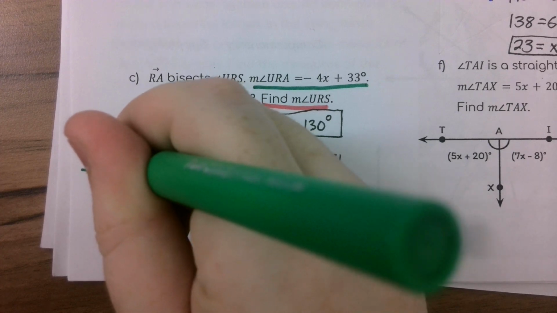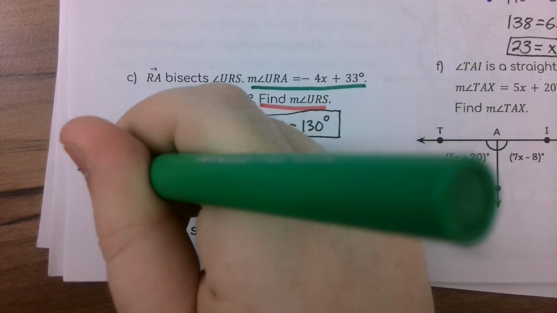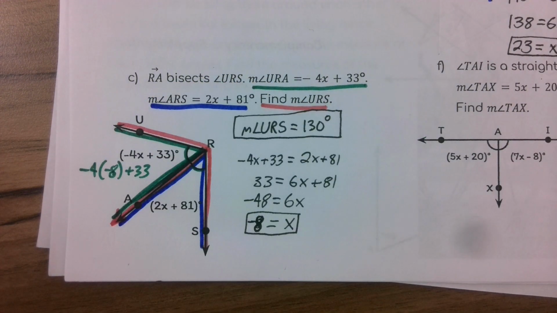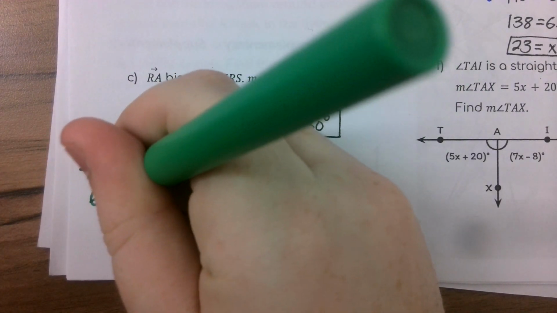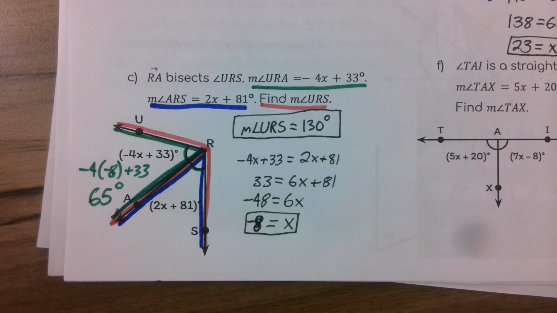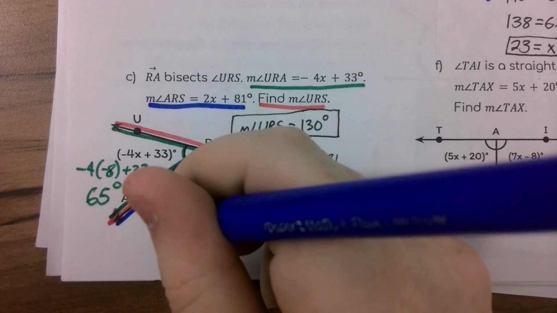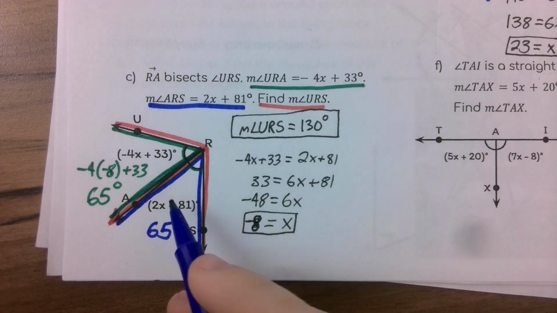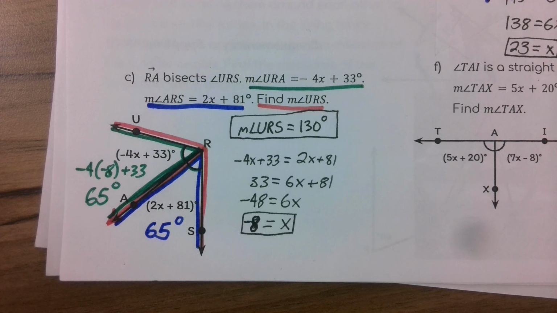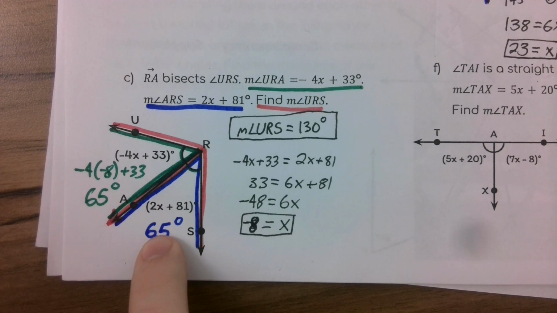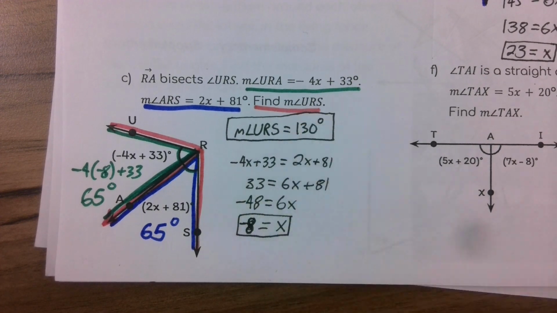Negative 4 times negative 8 plus 33. Whatever answer we get is going to be the same as the answer on the other side. Negative 4 times negative 8 plus 33 gives us 65 degrees for angle URA. And since the angle is bisected, if we plug in negative 8 to this side, we're also going to get 65 degrees. 65 plus 65 gives us the entire angle 130.